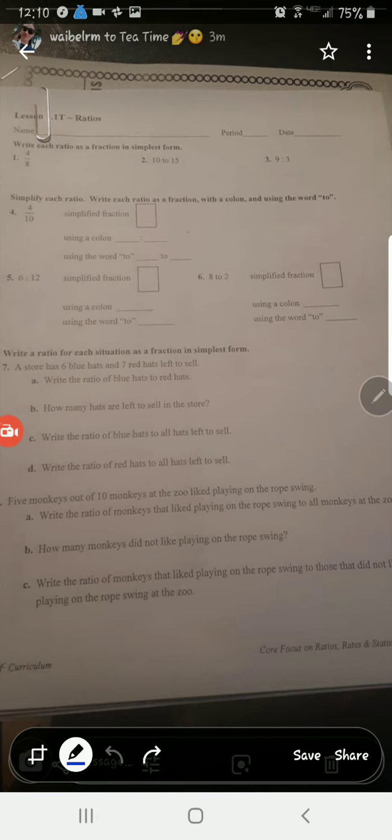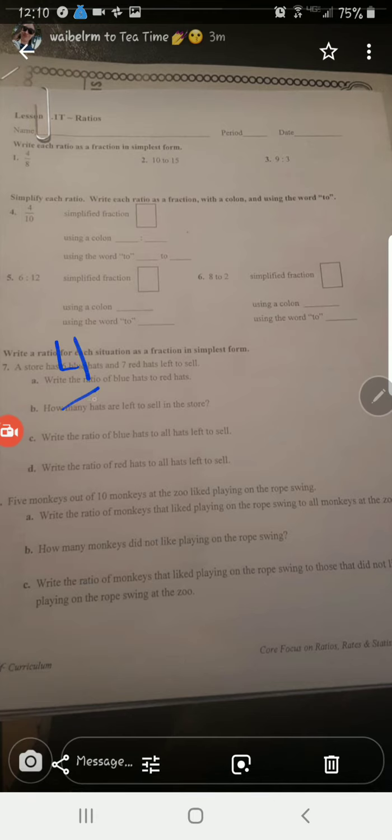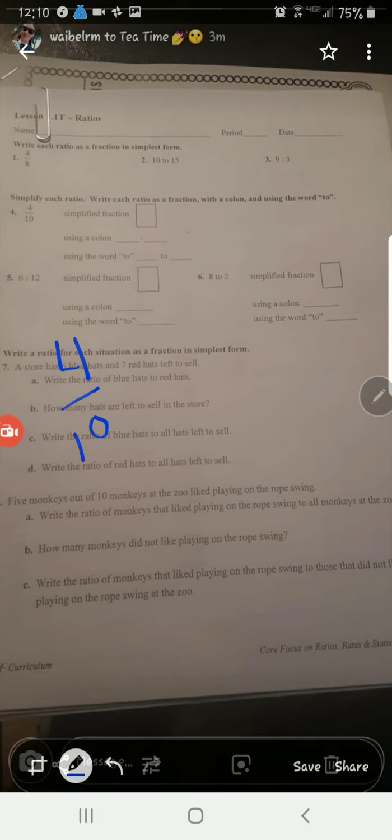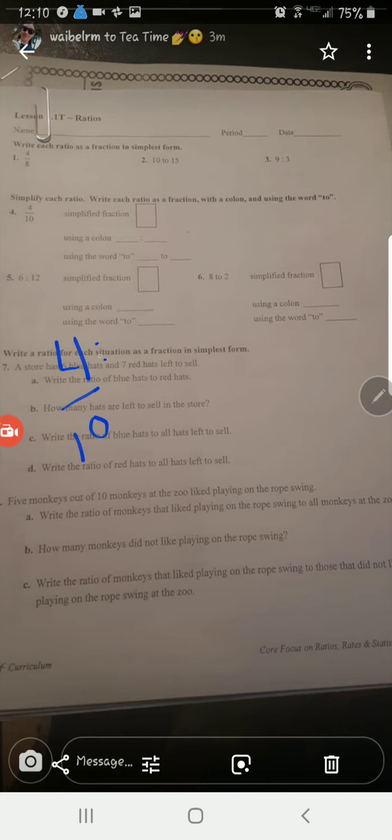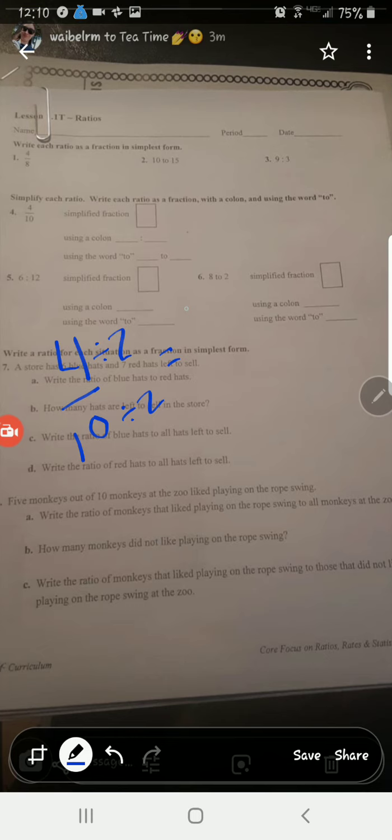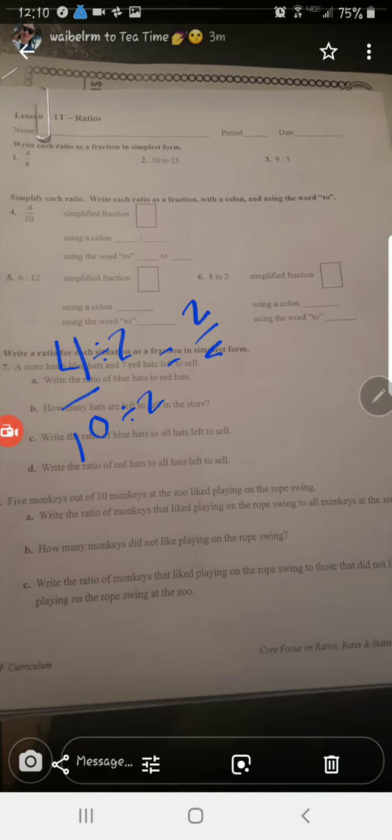Then we'll move on. Simplify each ratio. Write each ratio as a fraction, with a colon, and using the word to. So 4/10. What goes into 4 and 10? 2. They can both be divided by 2, which would be 2/5.